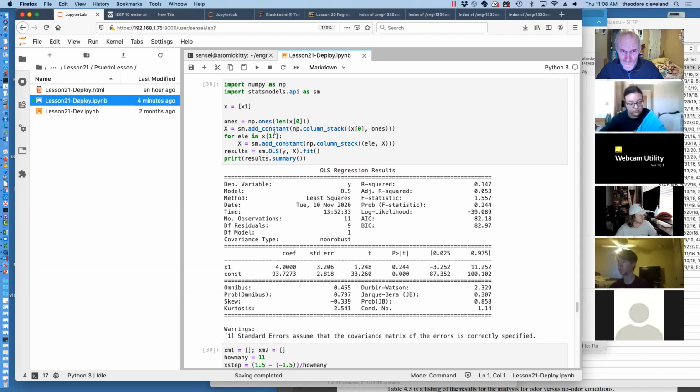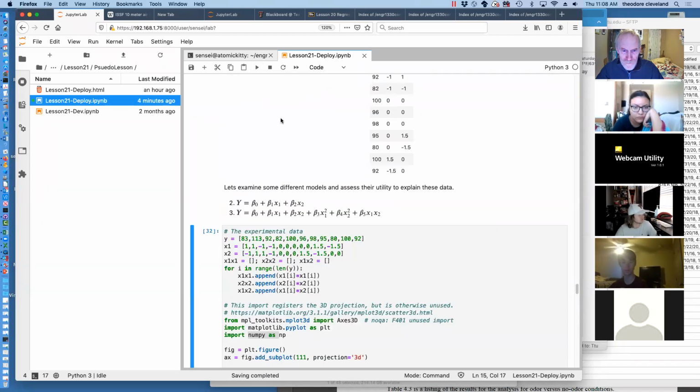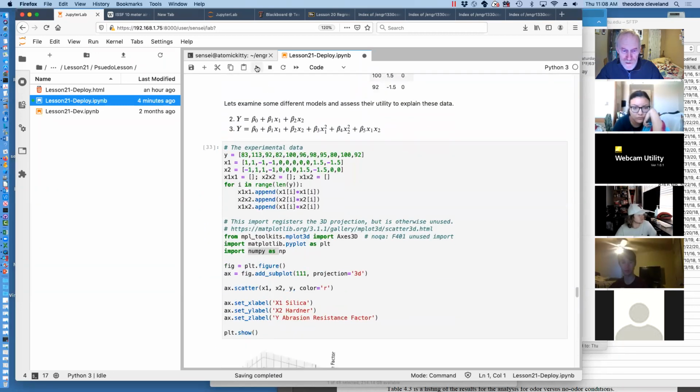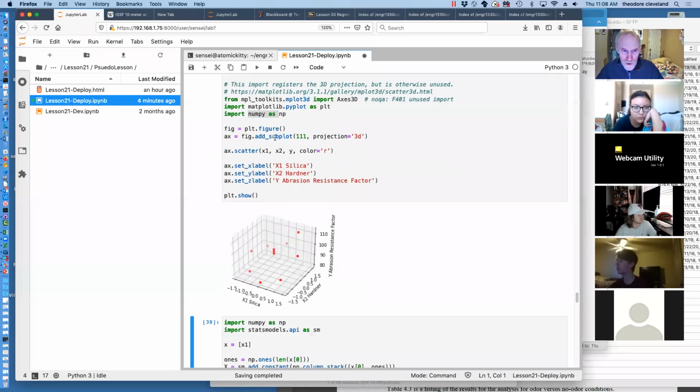In this case, we're going to use the statsmodels API as SM. We're going to use the ordinary least squares fitting tool and run the regression. And nothing will happen. Why is that?